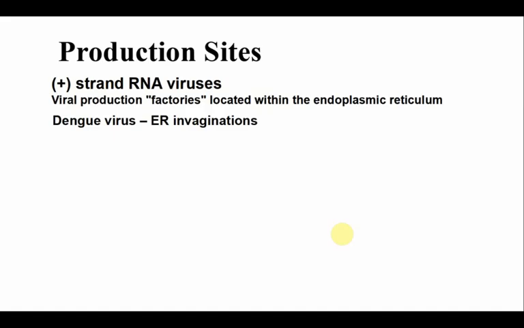But in reality, viruses will concentrate their RNA or DNA replication in a specific site, like a virus production factory. Enveloped plus-stranded RNA viruses have their viral production factories associated with the endoplasmic reticulum. And it's also true for picornaviruses. They're closely related to the endoplasmic reticulum.